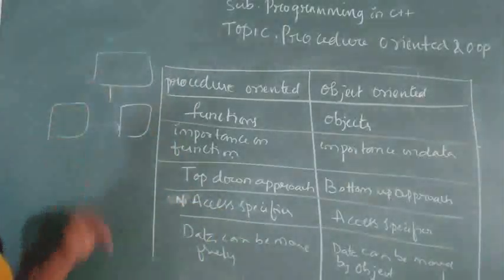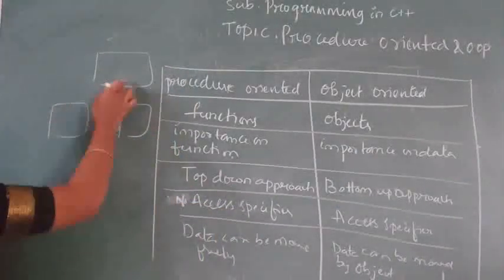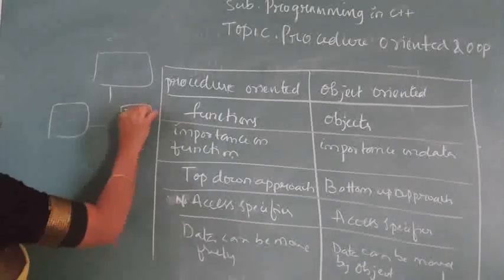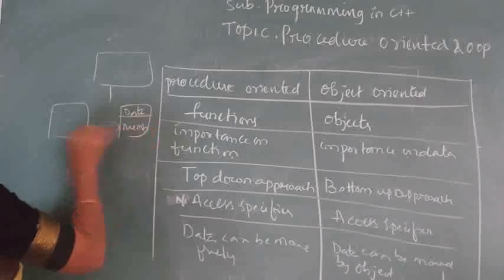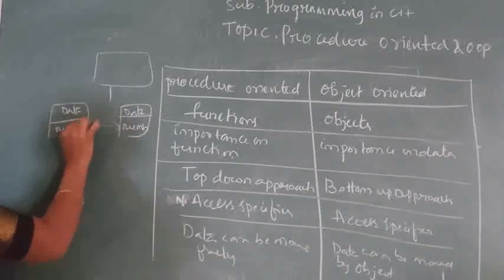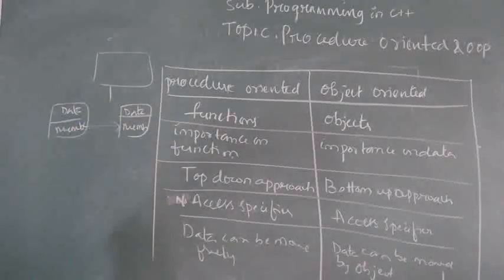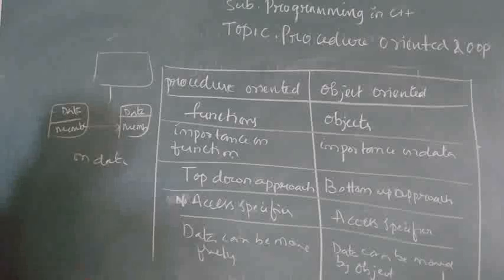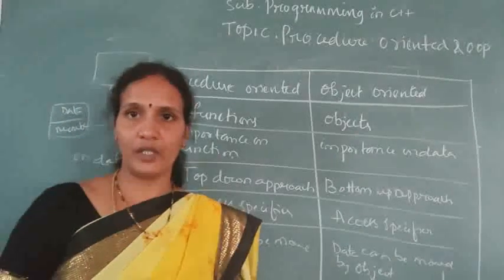Whatever total program is there, that program is divided into different objects, and an object is a collection of data and members. And here one object can freely communicate with another object. In object-oriented program, the main focus is on data. This data should be protected, and the data stays with the object only.